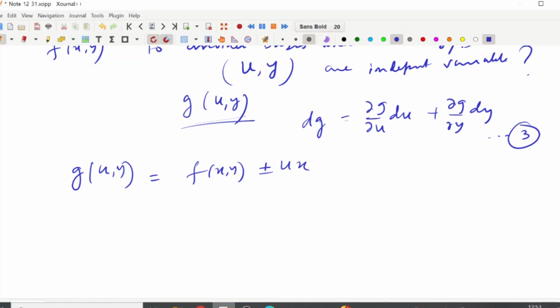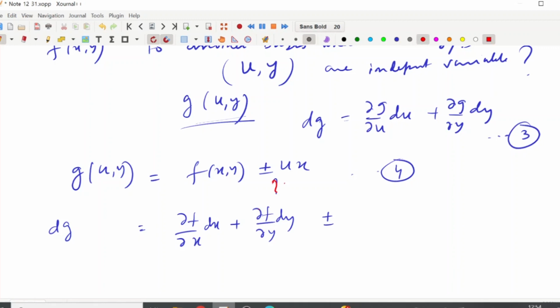So, now if we calculate dg using this equation 4, dg will be ∂f/∂x dx plus ∂f/∂y dy. This is because dg will be df. Then we have to fix what the appropriate sign will be, so for the time being let us write plus or minus. Then it will be plus or minus x du and then plus or minus u dx.